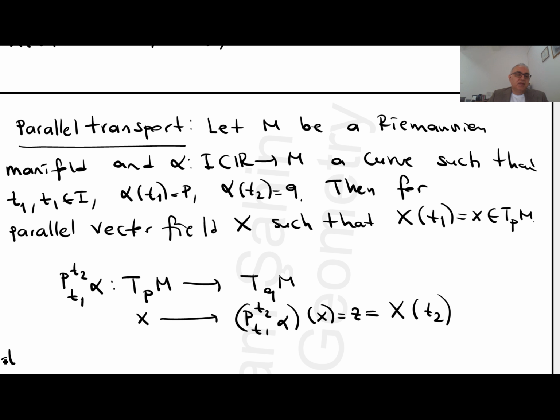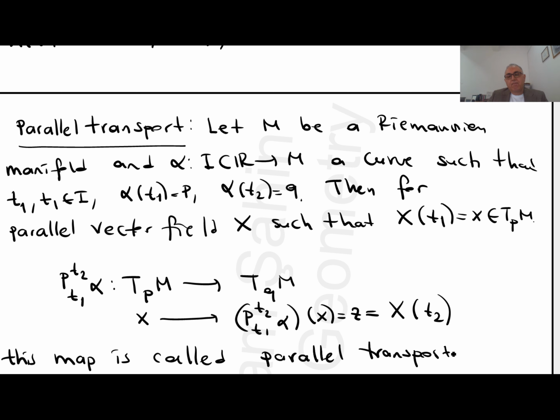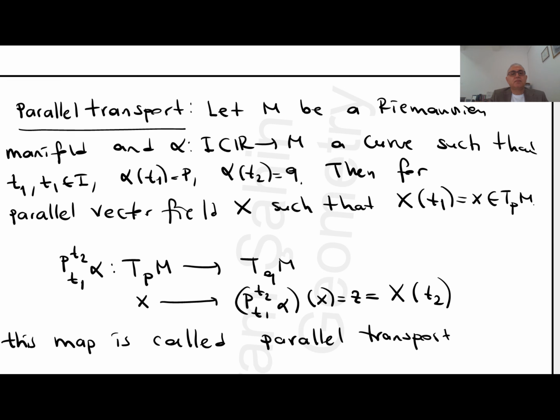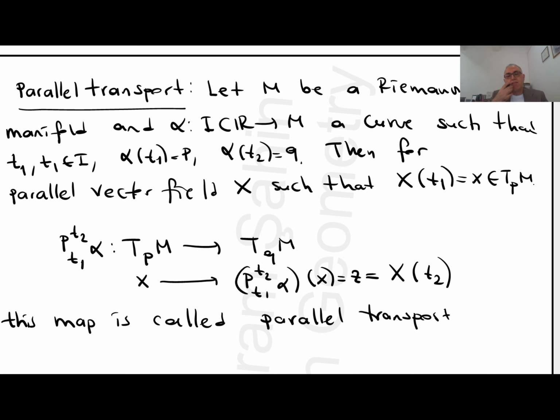This map is called parallel transport. So it takes this vector to another vector along the curve, of course.